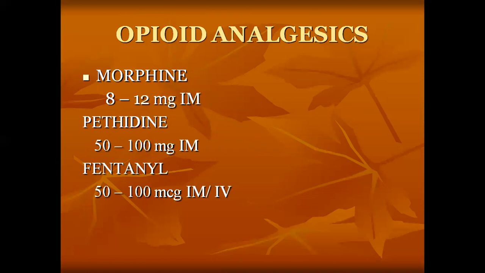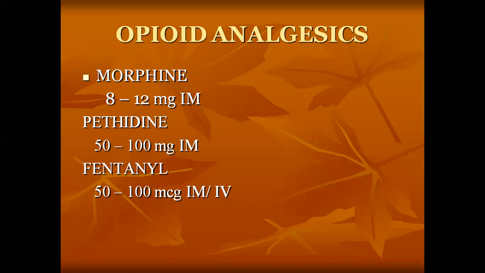Opioid analgesics such as morphine, pethidine, buprenorphine. Morphine, in the range of 10 to 15 mg intramuscular. Pethidine, 50 to 100 mg intramuscular.